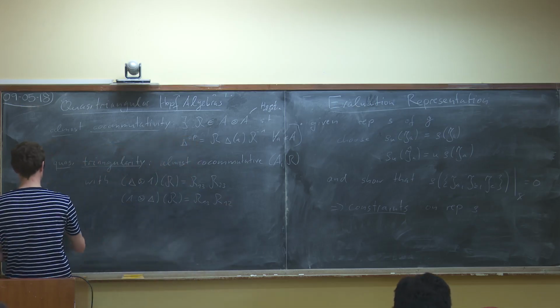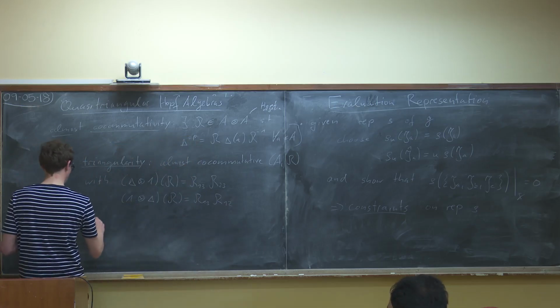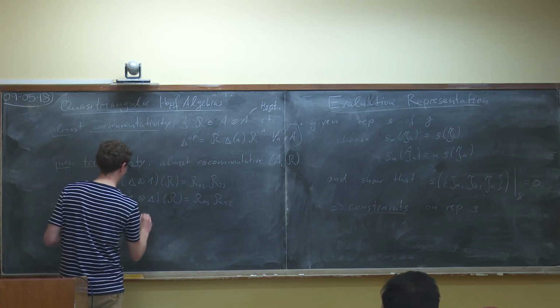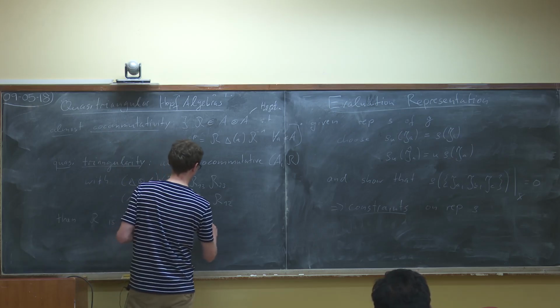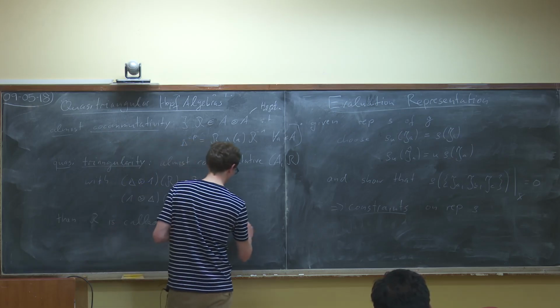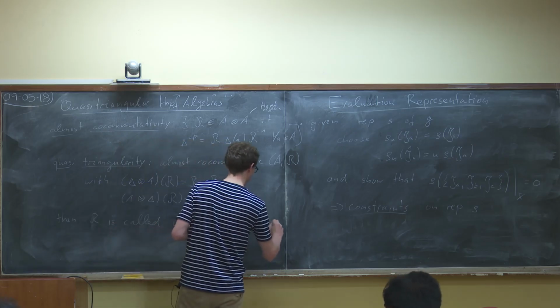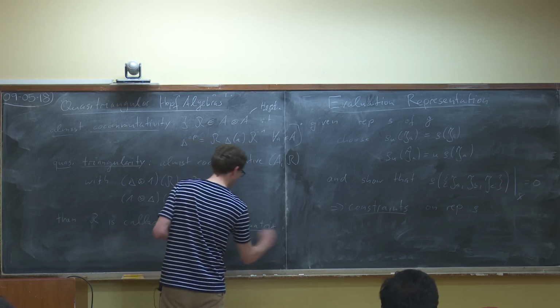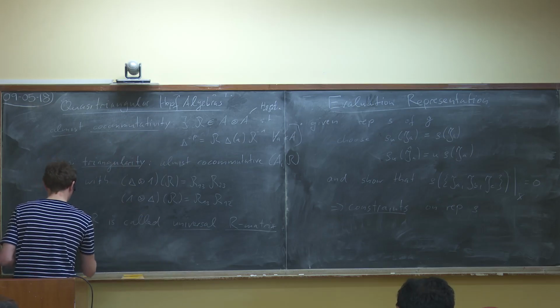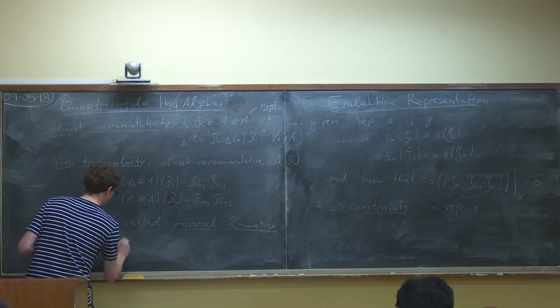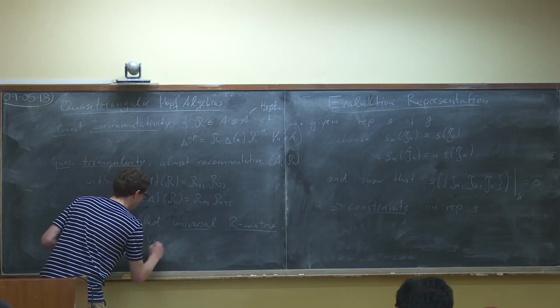And then R is called the universal R matrix and obeys the quantum Yang-Baxter equation.